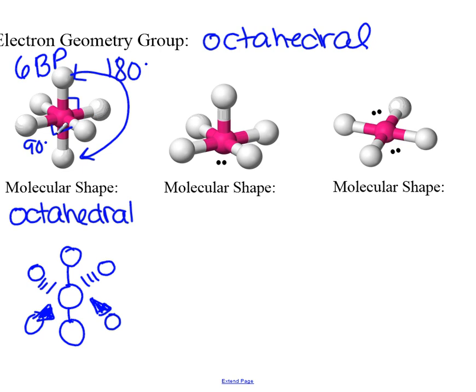Since everything here is all 90 degrees between the two planes, we can remove any one of the pairs. So we're taking away one from the bottom here and replacing it with a lone pair. Again, still everything here is about 90 degrees to one another. When we do that, this is called square pyramidal.